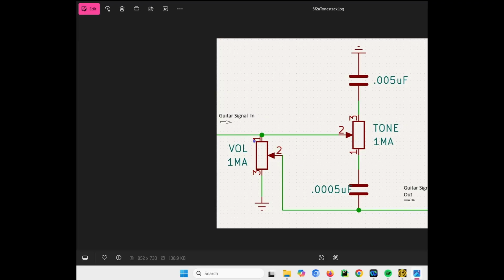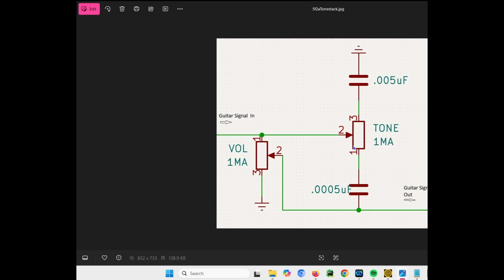So what's going to happen is your signal is going to come in from your guitar, and the highest frequencies are actually going to go through this path and get steered around the volume control, and we'll be able to avoid this volume control and make it to the output of your preamp. So some of the lower treble frequencies are going to go through this wiper, and they'll be able to pass through this capacitor and go to ground.